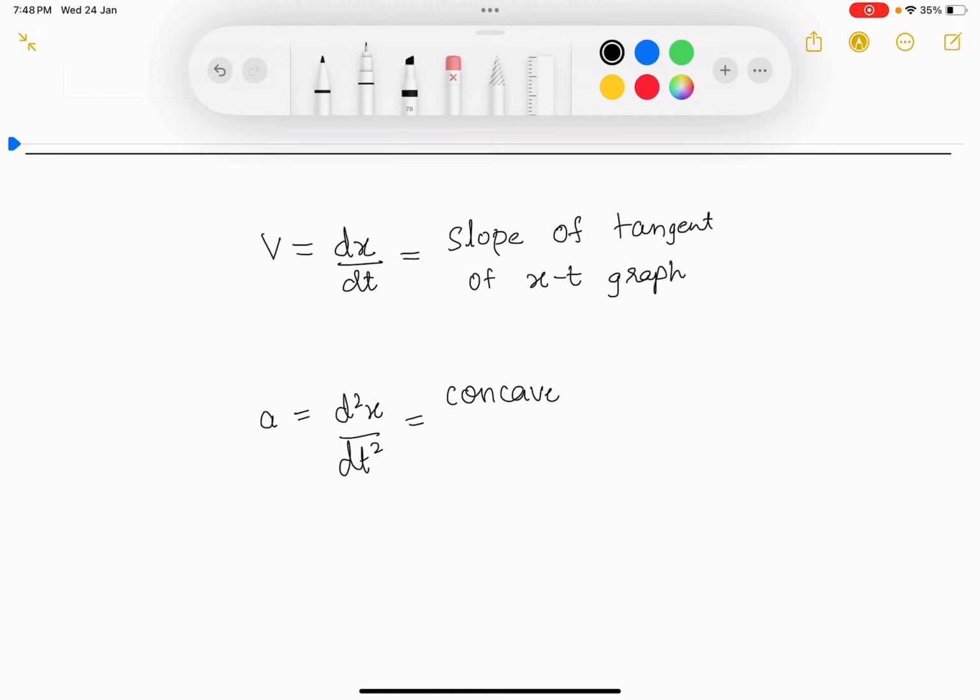Concave up graphs have d2x by dt square positive, and concave down graphs have d2x by dt square negative.